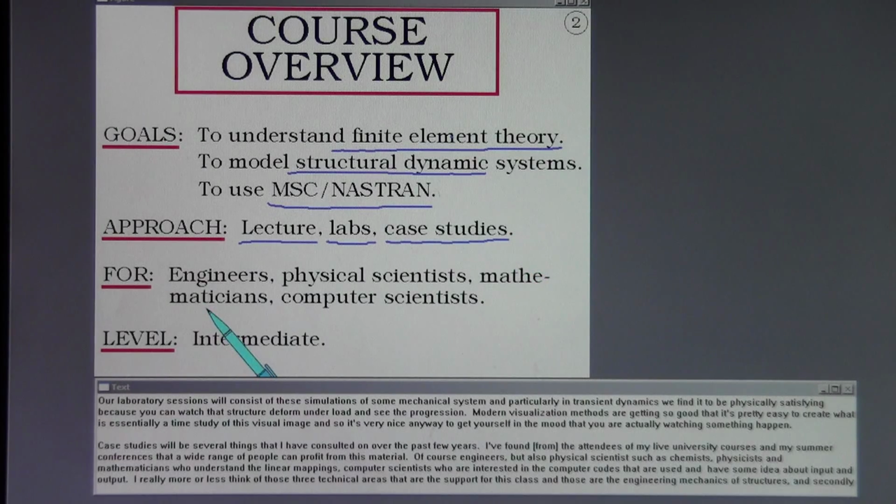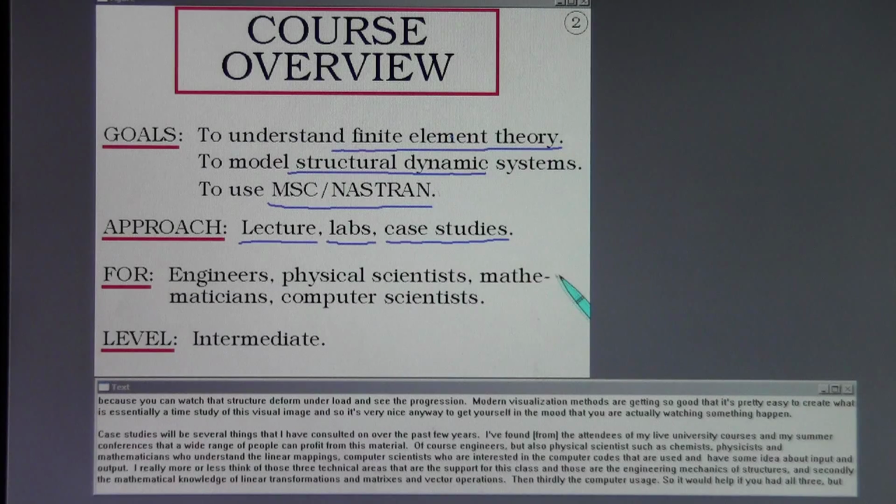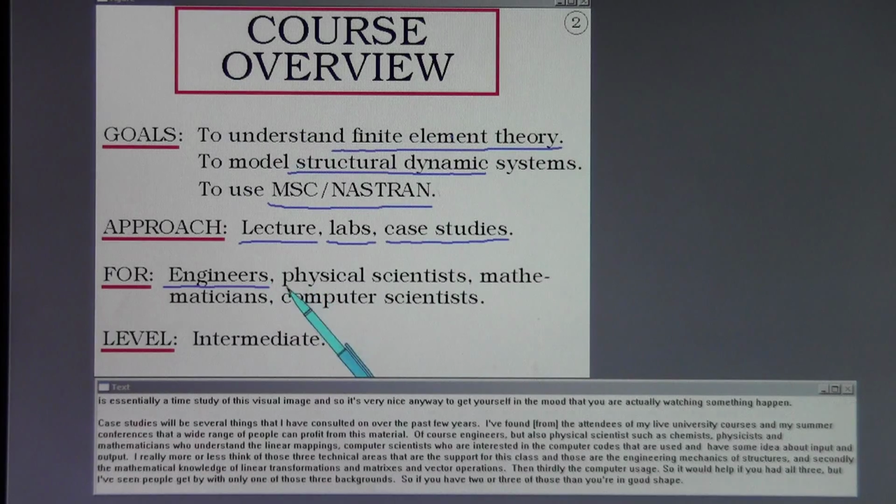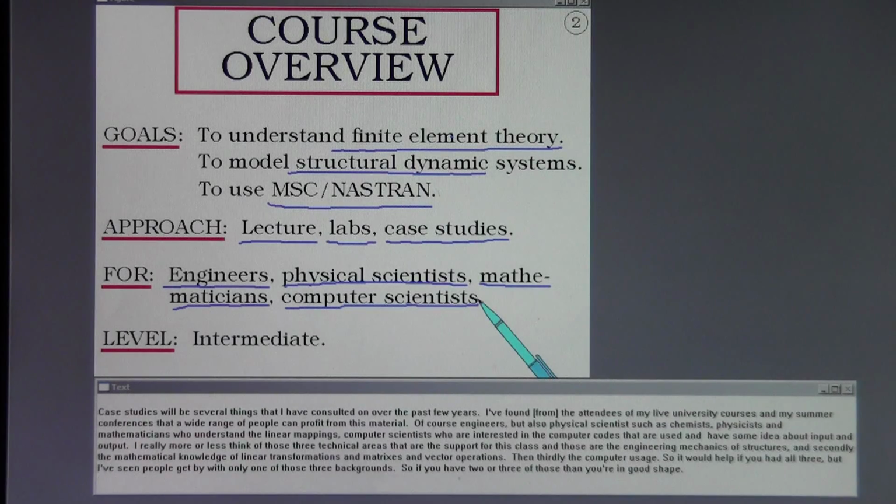I've found that the attendees of my live university courses and my summer conferences, that a wide range of people can profit from this material. Of course, engineers, but also physical scientists such as chemists, physicists, mathematicians who understand the linear mappings, computer scientists who are interested in the computer codes that are used and have some idea about input and output.